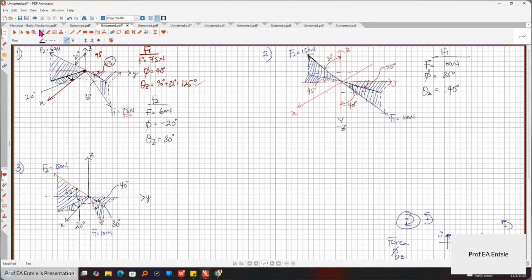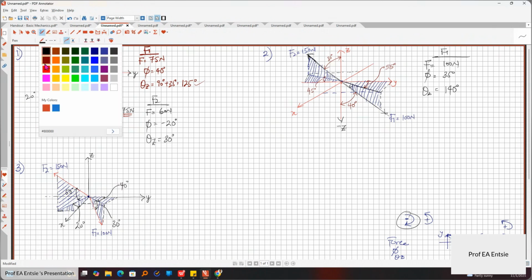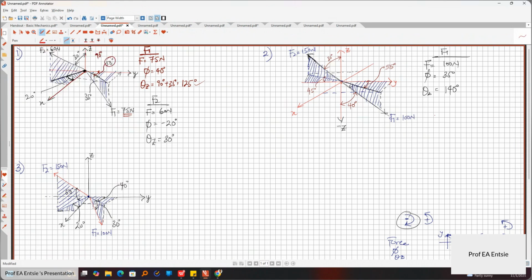Then example 2, we come to force 2, F2. When we come to F2, the force there is 150 newtons. That's the force there. Then phi and theta z. So what is the phi at F2?